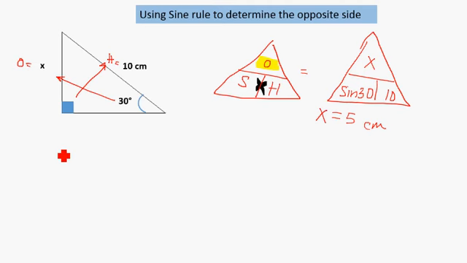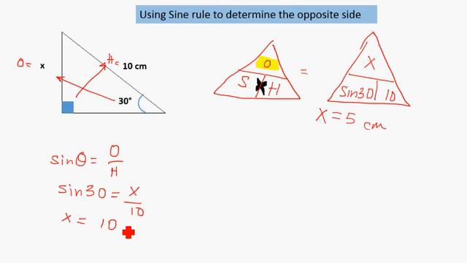Now using the formula, there's only one formula you have to learn. It is sine angle is opposite over hypotenuse. We can substitute the knowns, so sine 30 is equal to x over 10. If you're good with algebra, you would know that we can do 10 times sine 30, because x is divided by 10.